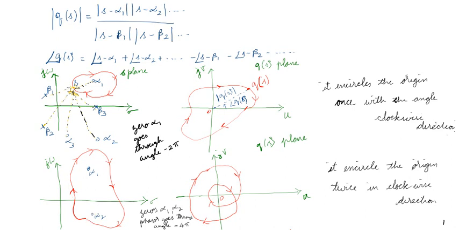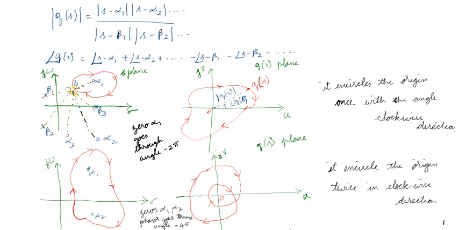Minus 4 pi is nothing but minus 720 degrees. So the origin is enclosed in clockwise direction twice. See, this is a clockwise direction, no? So first circle, second circle, right? If you look at the origin, this is the first circle, this is the second circle. Twice it is enclosed.